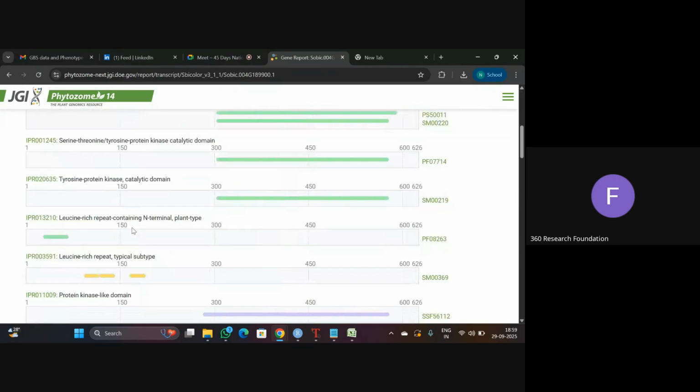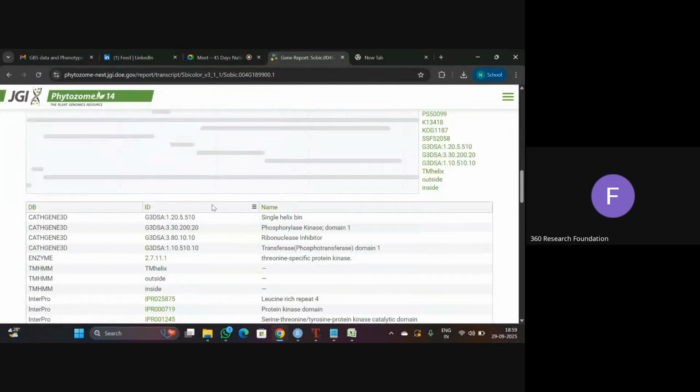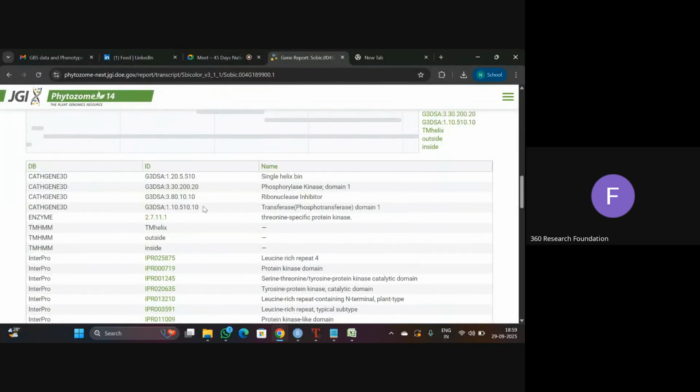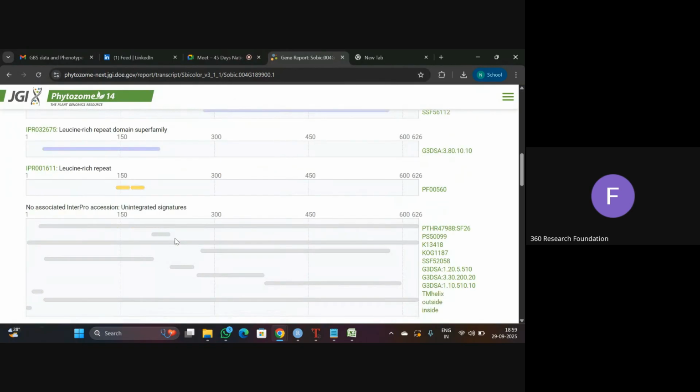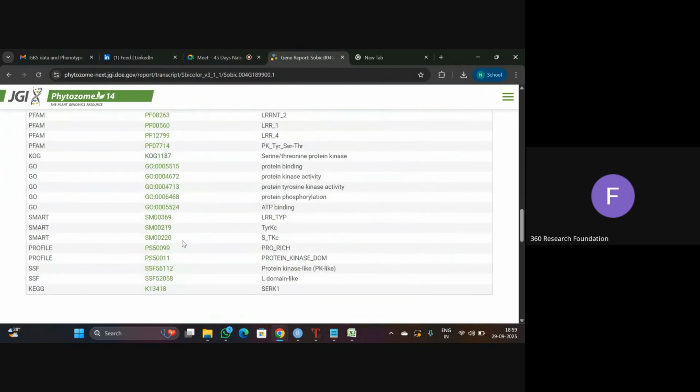Second, from these details, we get to know the function of that gene. This whole process is called gene annotation: identifying the position and function of genes.